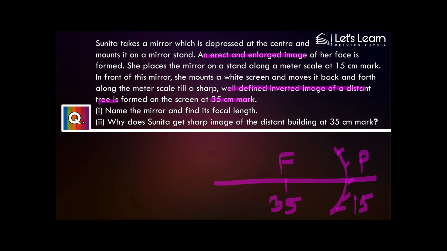The question asks you to find the focal length and name of the mirror. Name of the mirror is concave mirror. The focal length is the distance between focal point and pole of the mirror. 35 take away 15 will give you 20 centimeter.